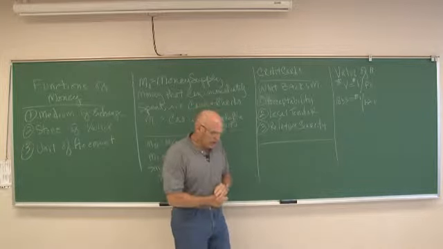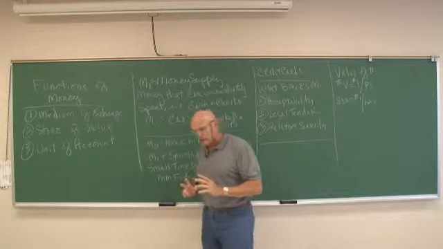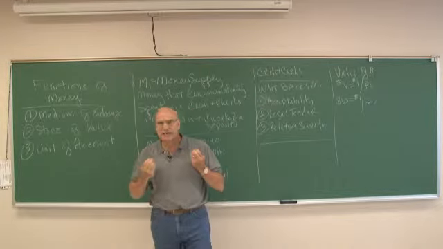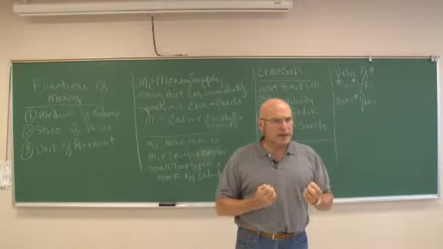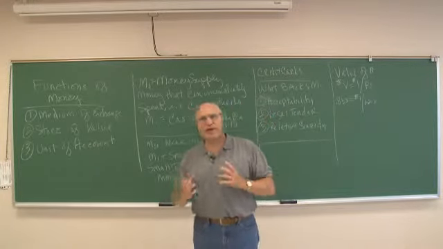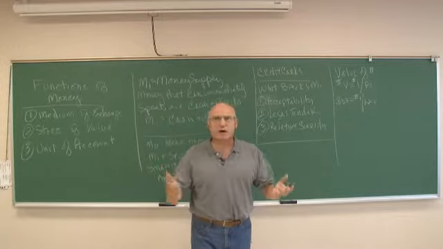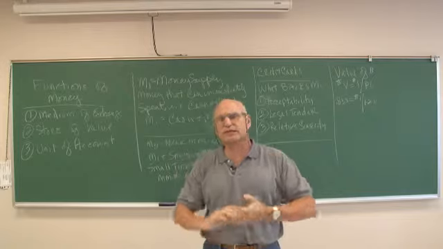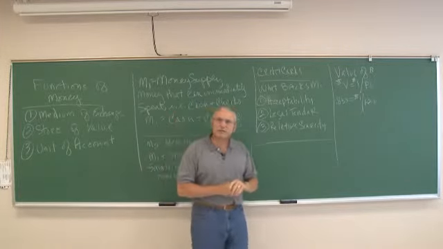The other thing with the unit of account comes into play with the idea of opportunity cost: how much I have to give up in order to choose something. If taking a course here at Wilmington University is $1,000, I know exactly how much I have to give up for that.